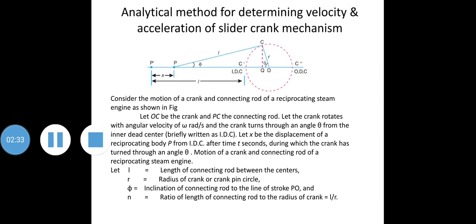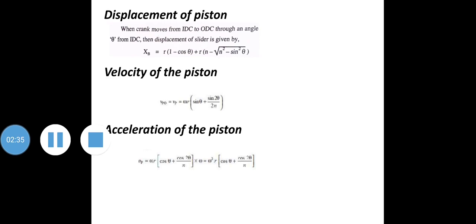For the analytical method we have certain formulas. The first is for displacement of a piston. The velocity of the piston is omega r in bracket sine theta plus sine 2 theta divided by 2n, where n is the ratio.